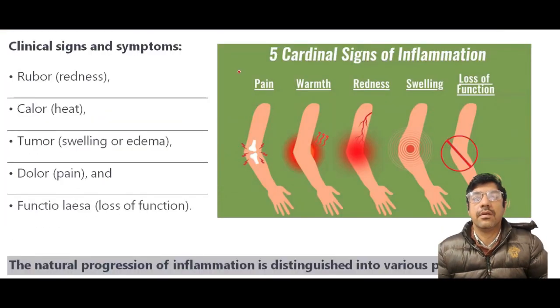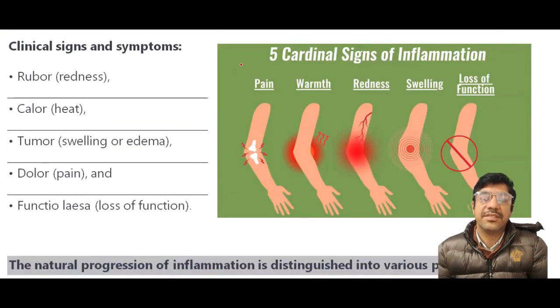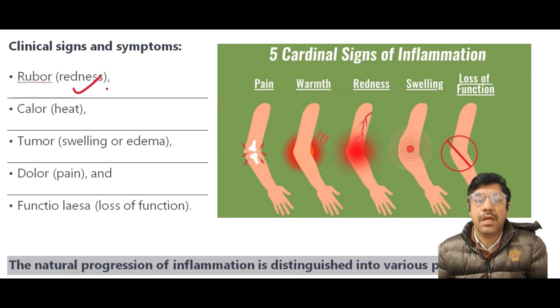Now what are the cardinal signs of acute inflammation? The first is rubor, which means redness. You will see increased blood flow to the affected area causing redness, which occurs due to vasodilation.